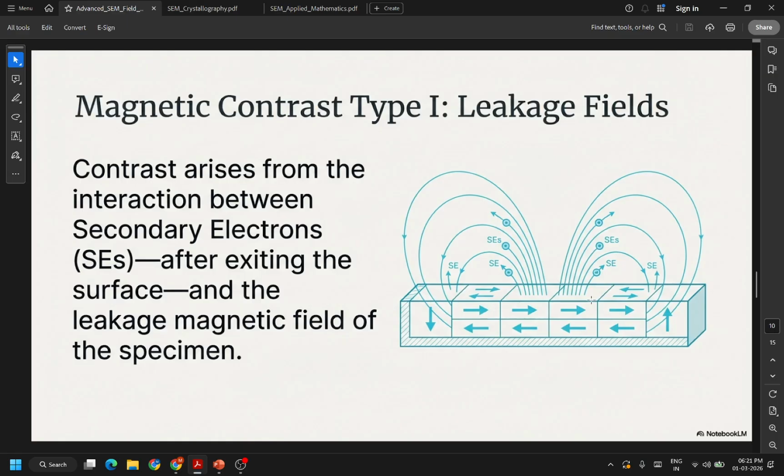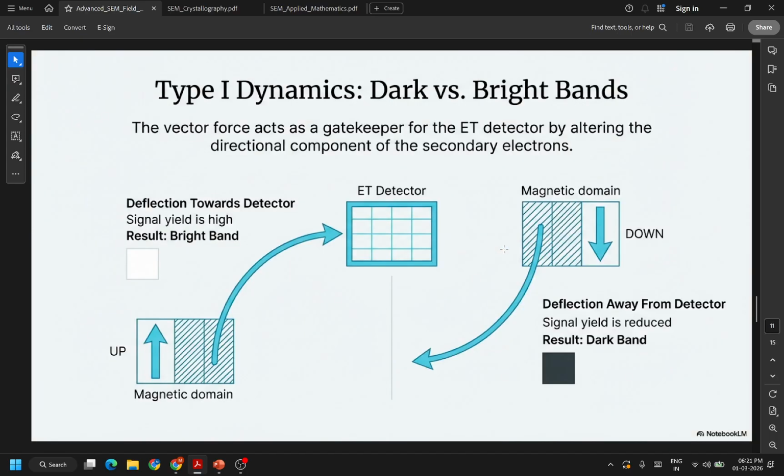If you have a sample with magnetic domains, those domains will have a leakage field, and when your secondary electrons are ejected from the sample, they have to move through this leakage field, which causes a force on the secondary electrons, and they can be deflected.